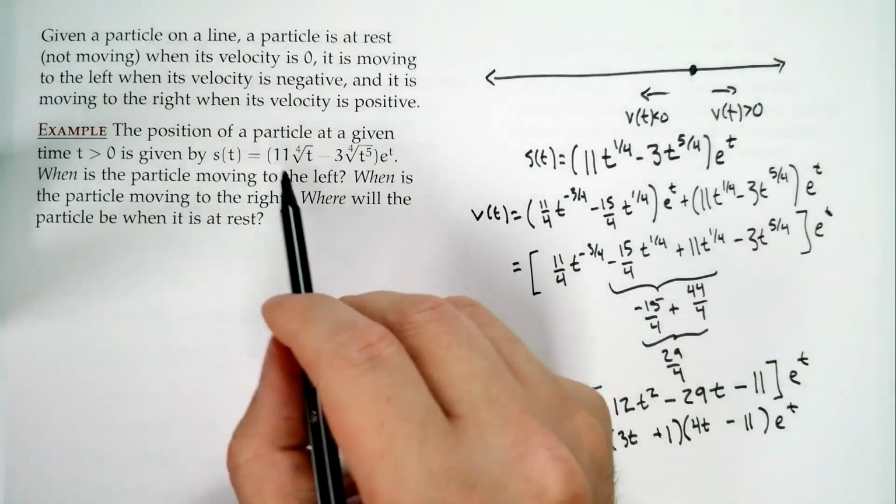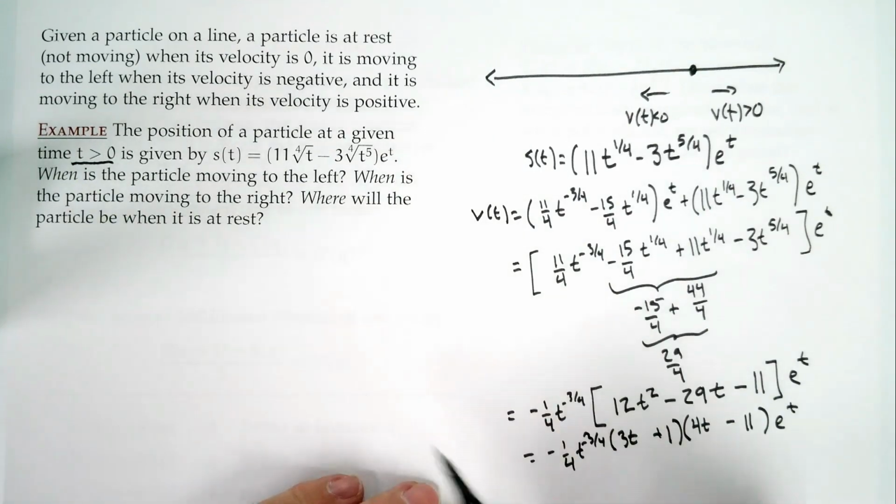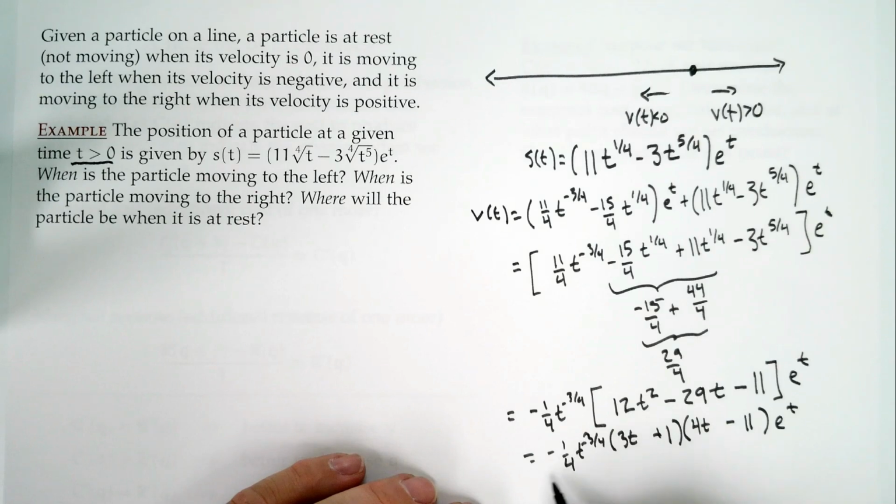Now, we only care about times greater than 0 because the assumption says time is greater than 0. So this part right here will always be this 1/4 t to the negative 3/4. It's always positive. This is a negative here. The 3t plus 1, always positive.